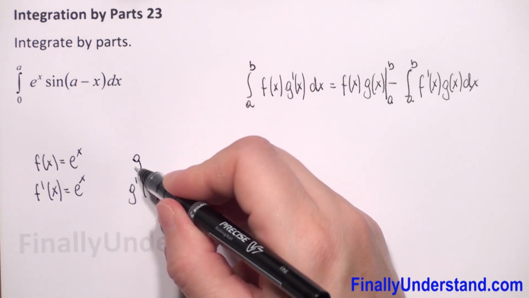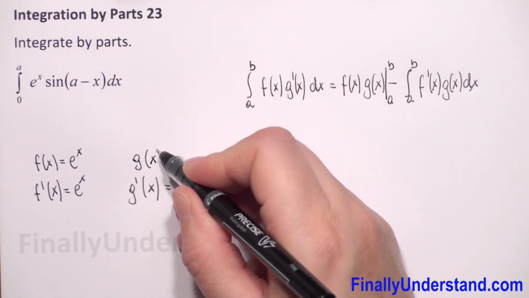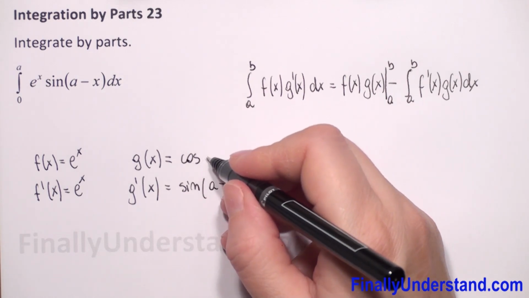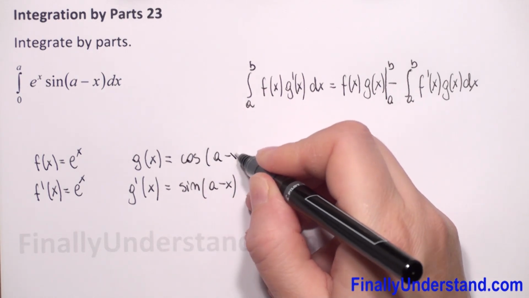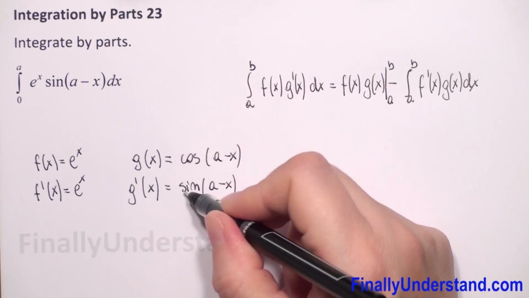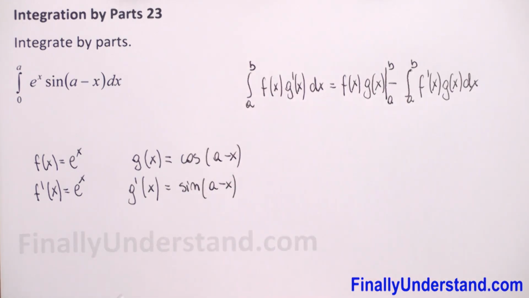Our antiderivative will be equal cosine of a minus x. You can always check: when you take the derivative of this expression, you should get exactly the same as what we have at the beginning. Now we have to check only if our f and g prime functions are continuous because we have a definite integral. E to power x, the exponential function, is continuous and sine is a continuous function, so everything is okay.